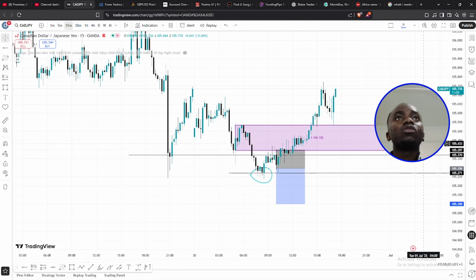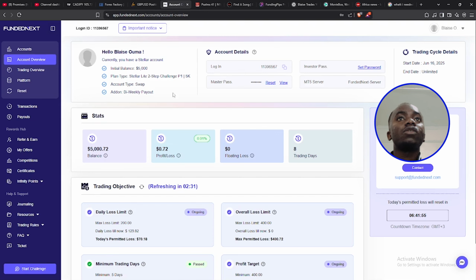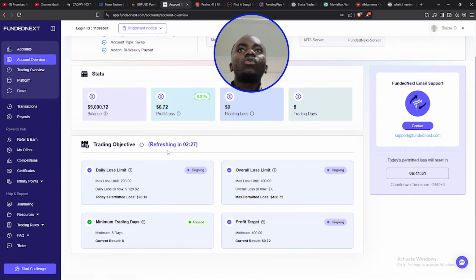So in total, we are back to 0.01%. That is a full reset of the account, and as you can see, we have lost $129.82 today alone, which is reckless. That is not supposed to be happening. I think the emotions played a major part in this loss. But the good thing is that we know our mistake and where we are going to rectify it next time.